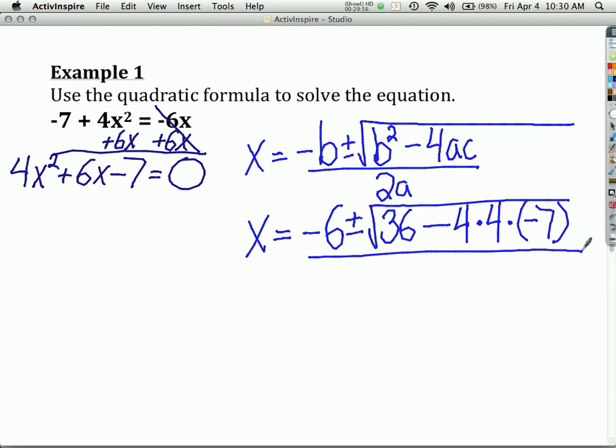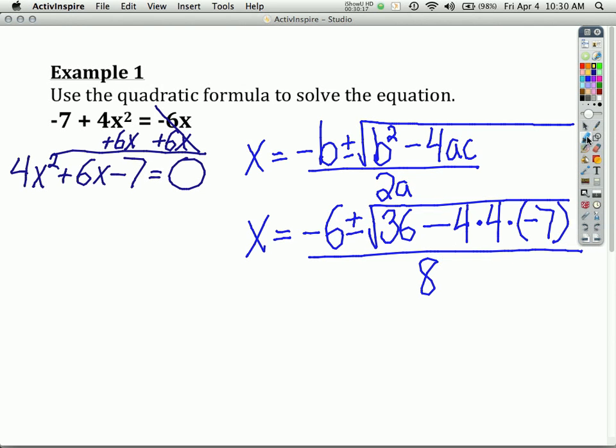All over 2a, and there's no reason to write 2 times 4 because we can do that mentally. Kalasia, 2 times 4? 8. Very good. So we have the quadratic formula filled in. Does anyone have any questions so far?